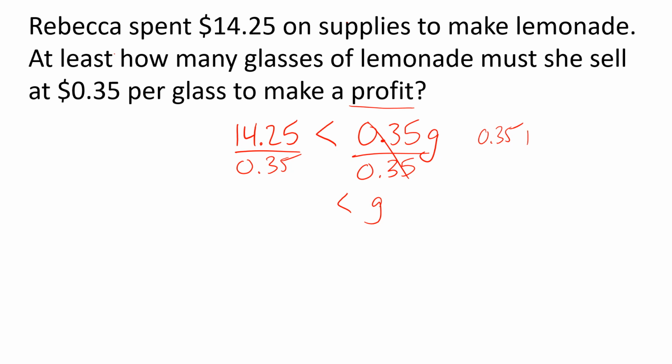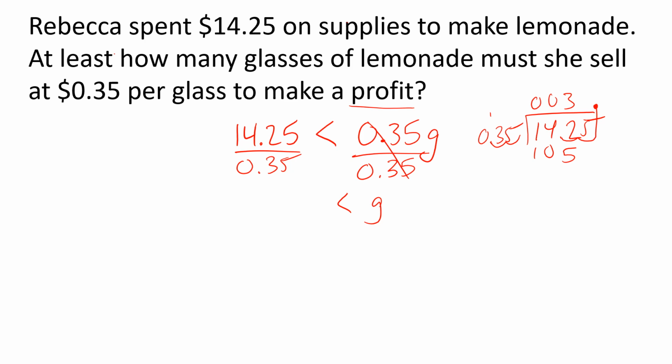So it's going to be 0.35 going into 14.25. I was just checking that you were paying attention. Okay, move that 2 times, move that 2 times. I think this goes in 3 times. 3 times 5 is 15, 9 is 10, another 35.